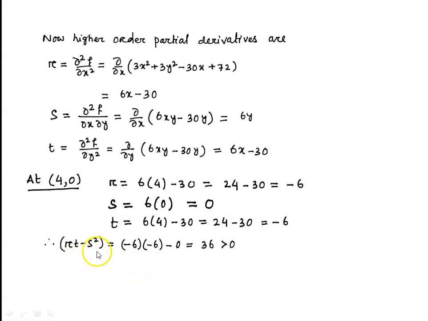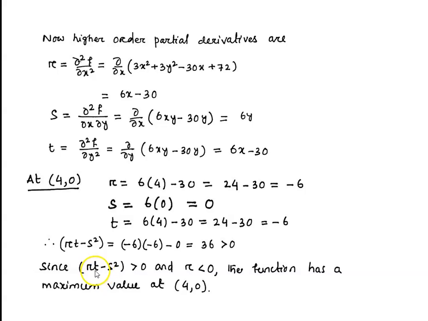So here rt minus s square is positive. Since rt minus s square is positive and r is negative at this point, the function has a maximum value at this point. Here our r is minus 6, which is negative, and the value of rt minus s square is positive. So the function has a maximum value at the point (4, 0).